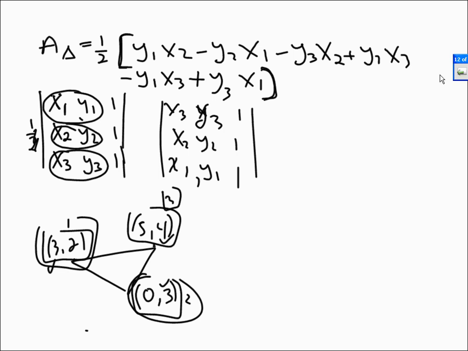Forget the half for a moment. These are not equal. Because to get the second determinant, I interchange 2 rows. Assuming this determinant is not 0, I interchange 2 rows. So they're not going to give me the same answer.